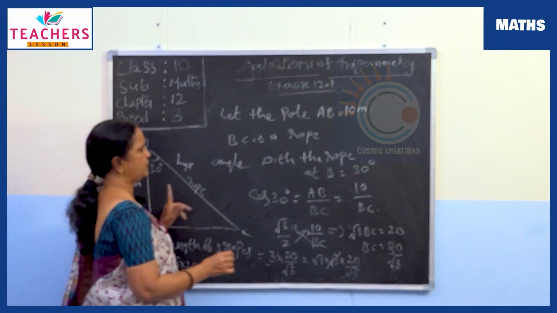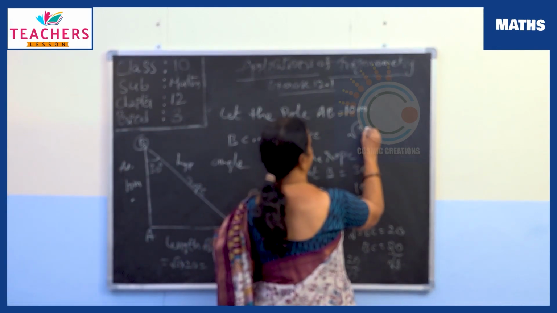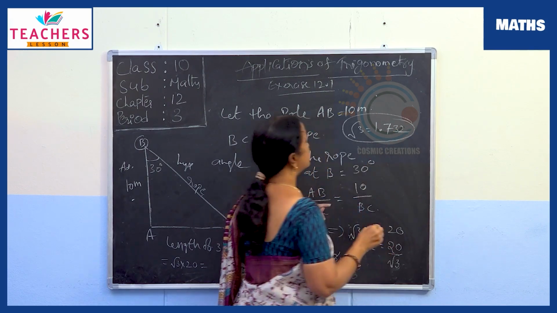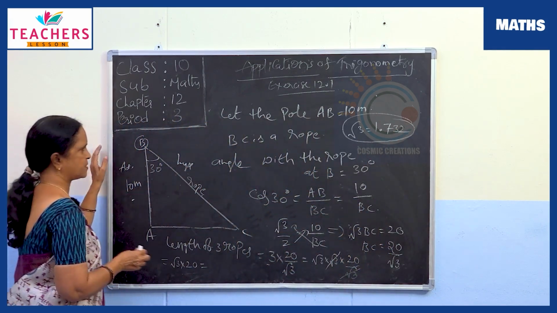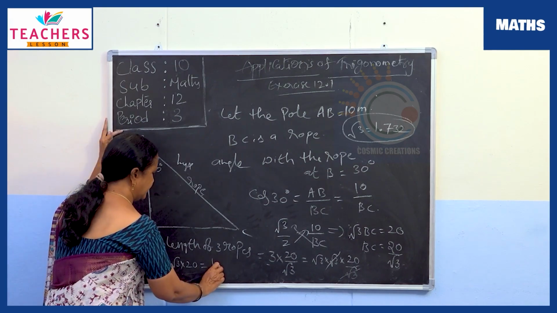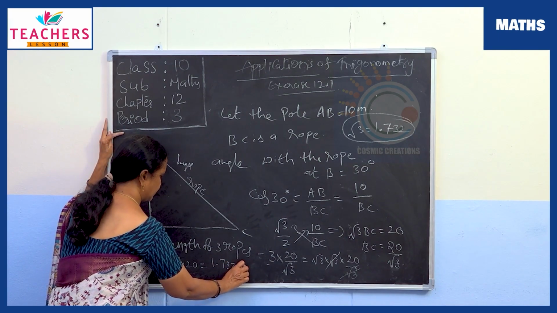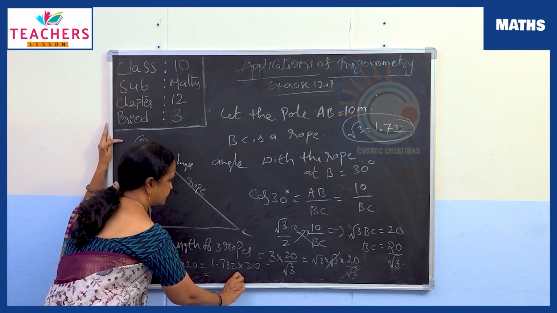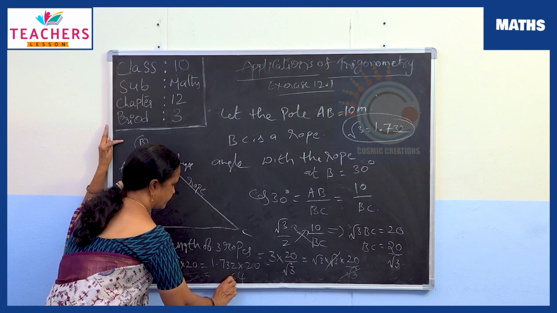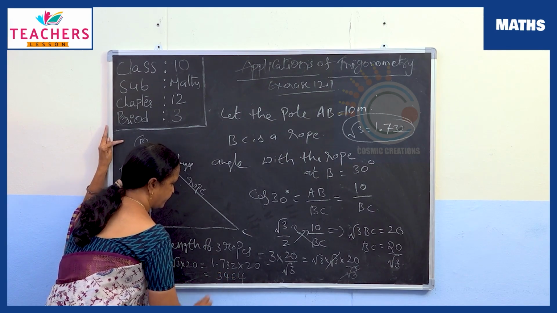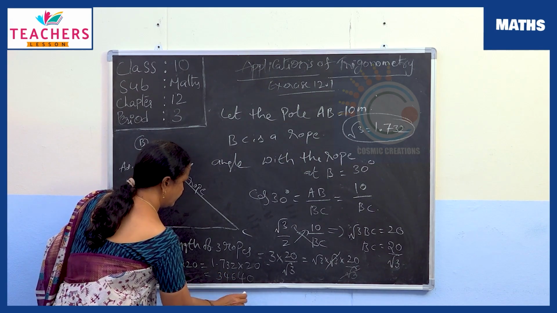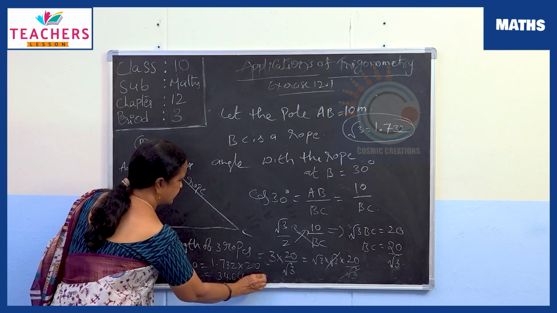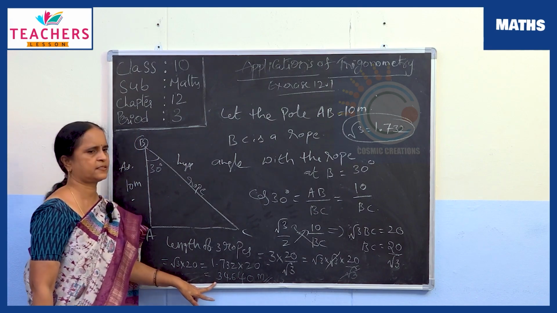The value of root 3 is sometimes given, sometimes not given, but such problems we can just solve like that. 1.732 into 20 is equal to 34.64 meters, our answer.